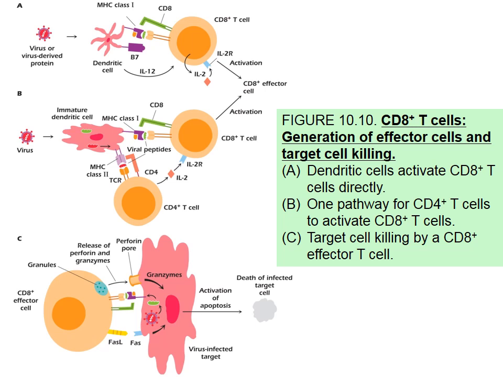This is one mechanism. The other pathway is that the virus is taken up by an immature dendritic cell, and then, if you remember, immature can present in context with MHC class 1 and class 2. When it decides to present to class 2, of course, CD8 cell will come and dock in.